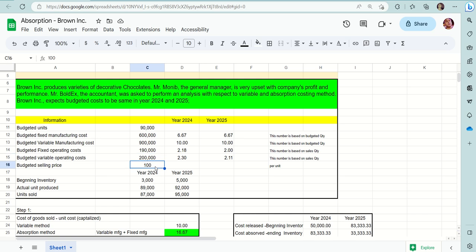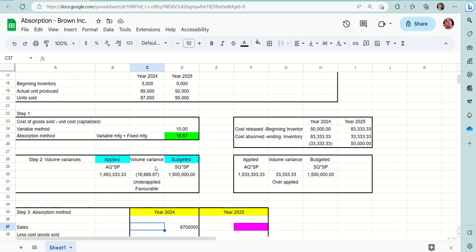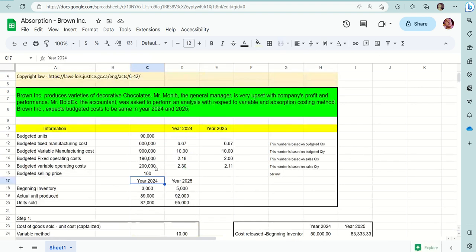The variable operating costs could vary, but it would also be limited to this number, because most likely you'd be given only one of these numbers. So if you're given this 230, you would not be given this. If you're given 200,000, you would not be given this. You'd have to calculate the standard costing.